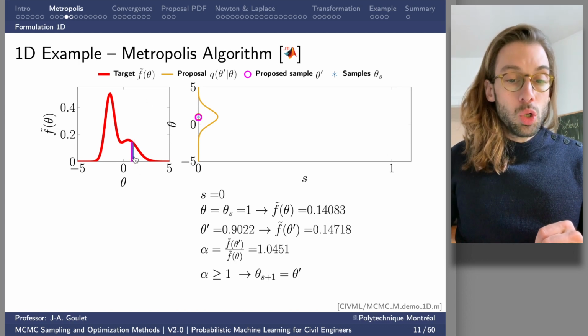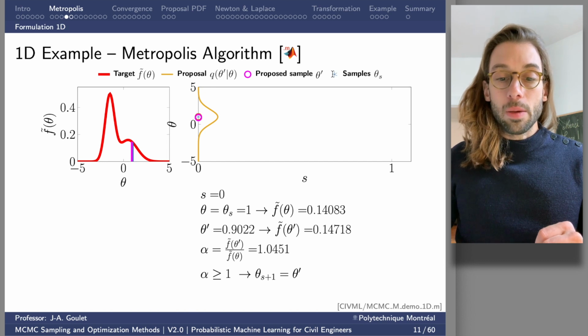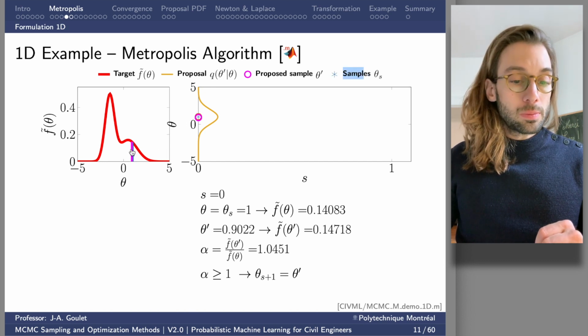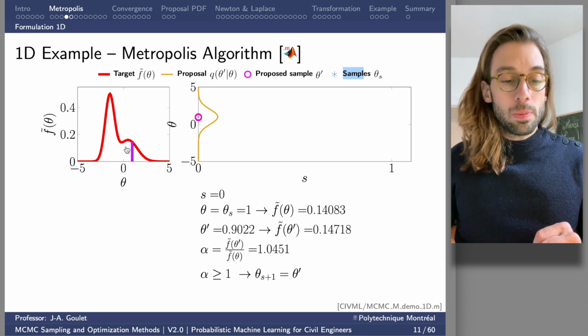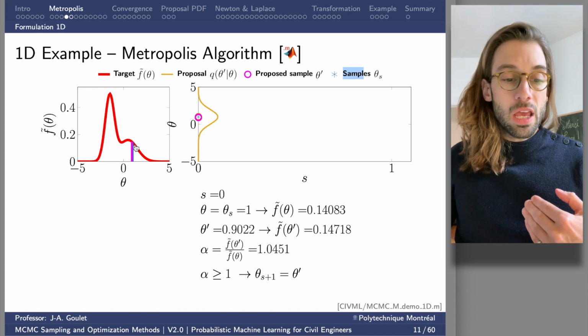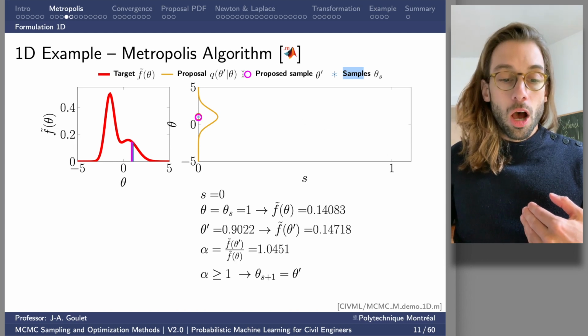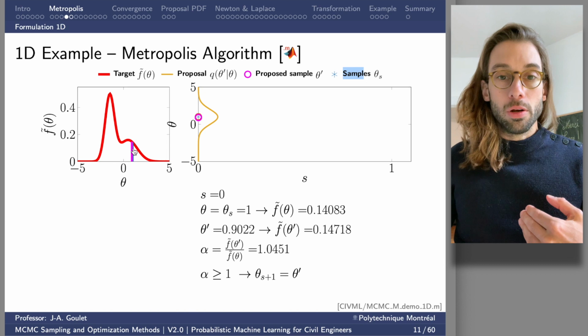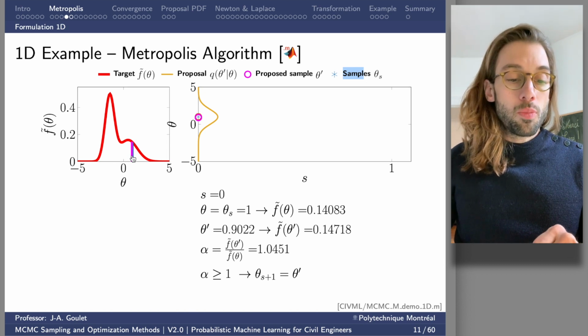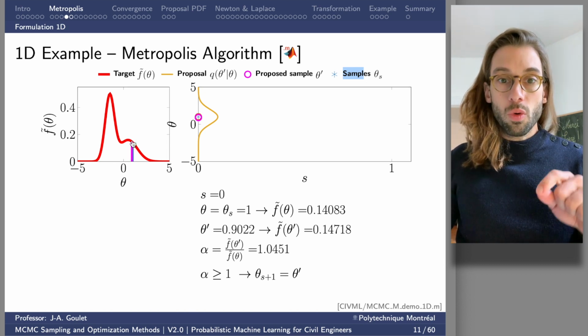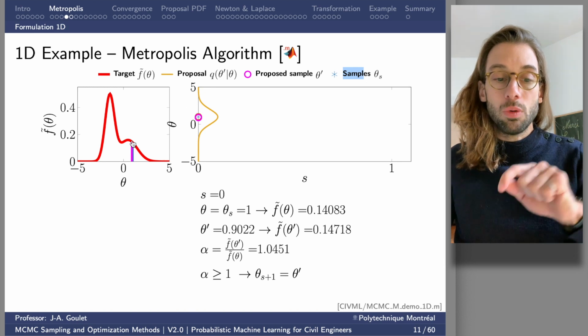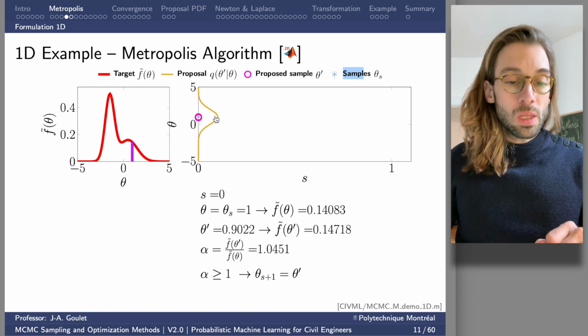Here, the blue bar is our current sample, our current position. The height of the bar represents the target function, so our unnormalized posterior, evaluated at the current sample. The pink bar represents our proposed location, where we want to do our random walk, the next place we want to move to.